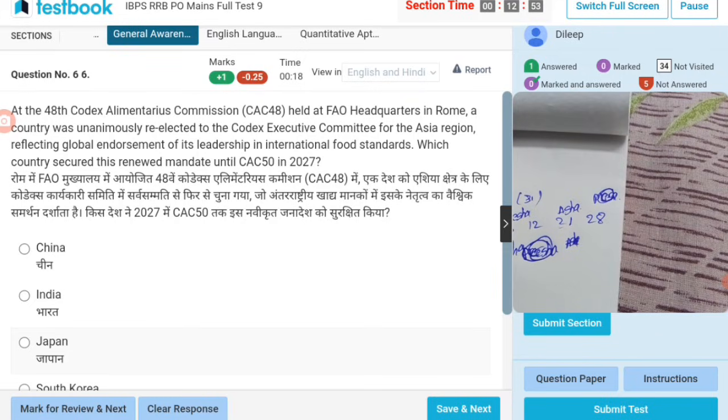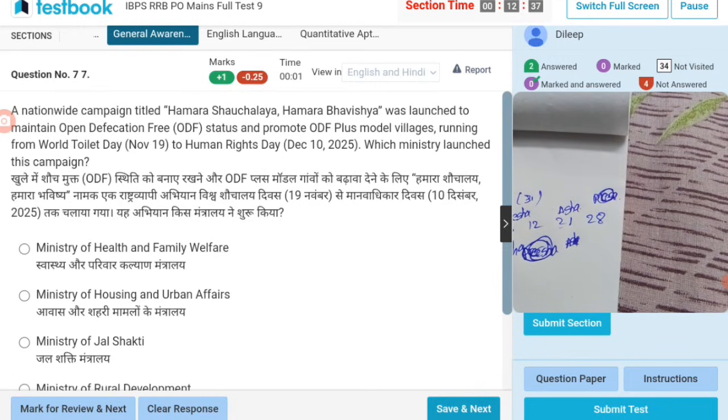Which country secured this renowned mandate? I think India.